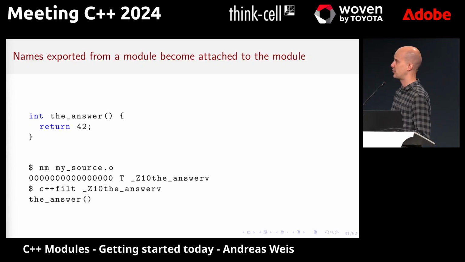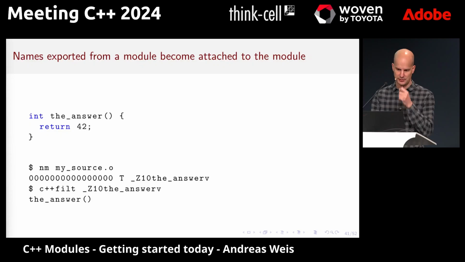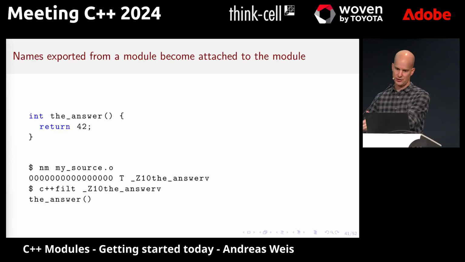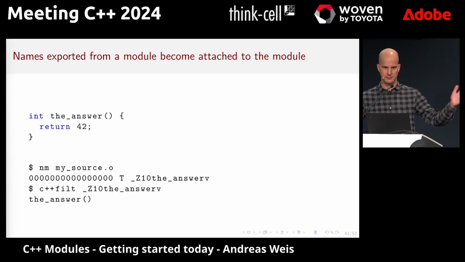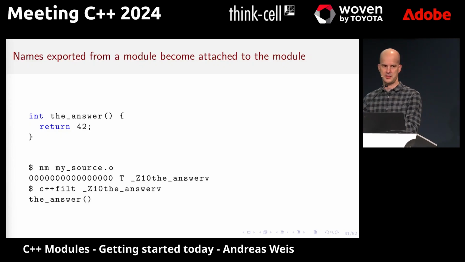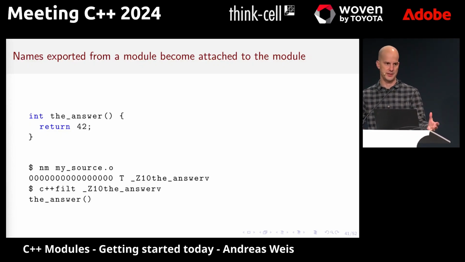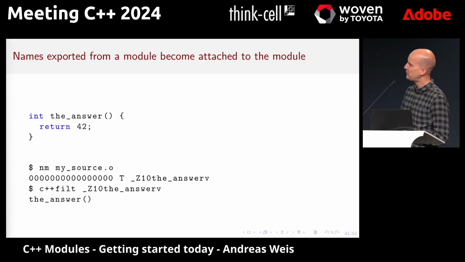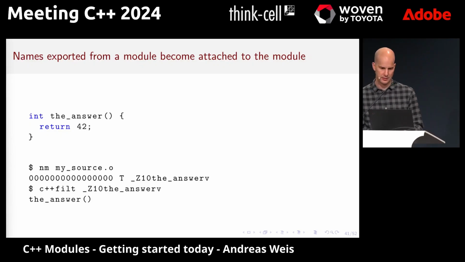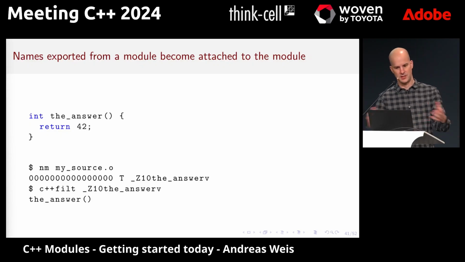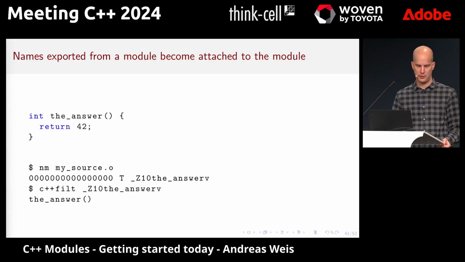And you can actually observe that by using the binutils here. If you compile this source code into a library, then you use nm to look at the symbols that it actually provides as part of the object file. You will see the mangled name here. You can unmangle that with c++filt. And then you will see, okay, that's just exporting a function, the answer, no surprise here.